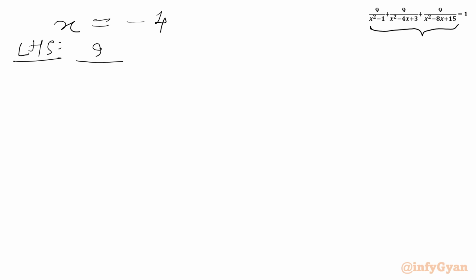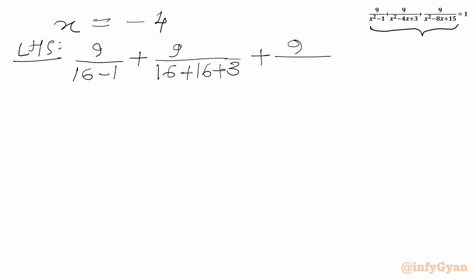So (-4)² is 16, minus 1, plus 9 over x² - 4x, which is 16 minus 4 times minus 4, so plus 16 plus 3, plus 9 over x² - 8x, that is 16 minus 8 times minus 4, plus 32, plus 15.